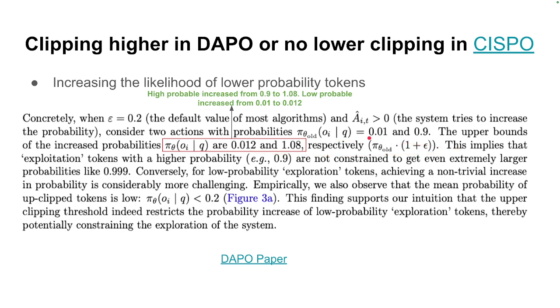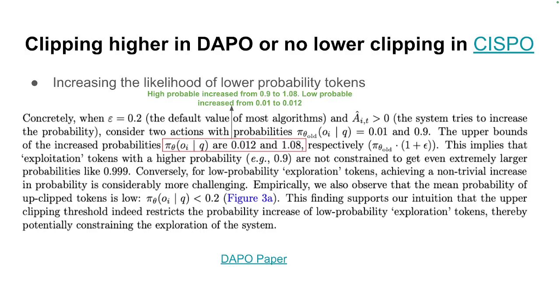So if you see, your less likely token in your old policy or the generation policy was 0.01, and because of this capping it only went up to 0.012, but the high probability token had a big jump in its likelihood. So some of the low probability tokens are subdued or do not grow faster in their gradients.